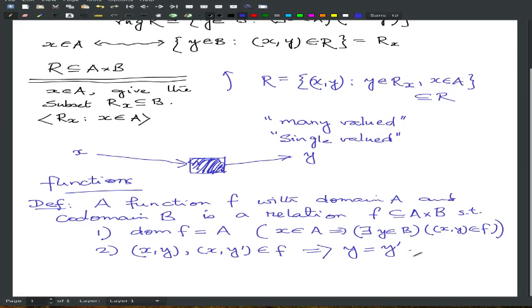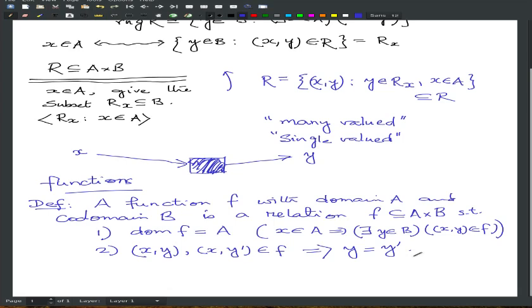Okay, I never said though that the codomain and the range are the same things.